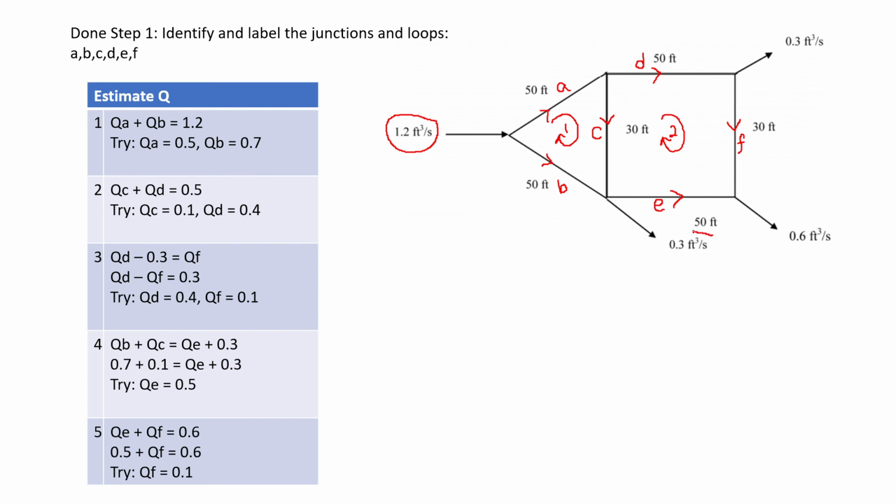Another one is 0.3, the flow coming out from this node. Oh sorry, this is 0.6 coming out from this node. And finally, up here, this is 0.3. Whenever you want to assume Q, you have to take what is given into consideration.